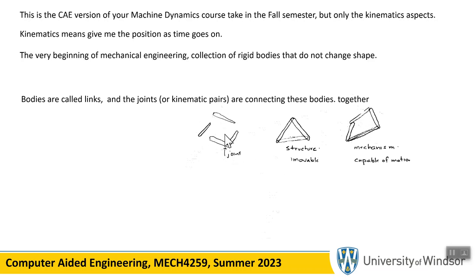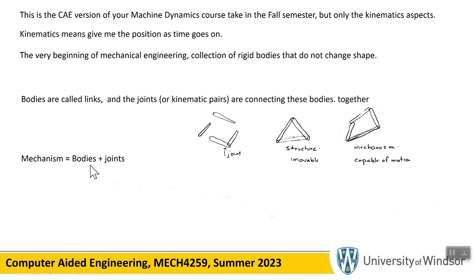This is called a four-bar linkage. It's a very common mechanism used, for example, in wiper blades and things like that. But if these three links are attached together in this manner, this is no longer a mechanism. It's called a structure. It doesn't move. Okay.